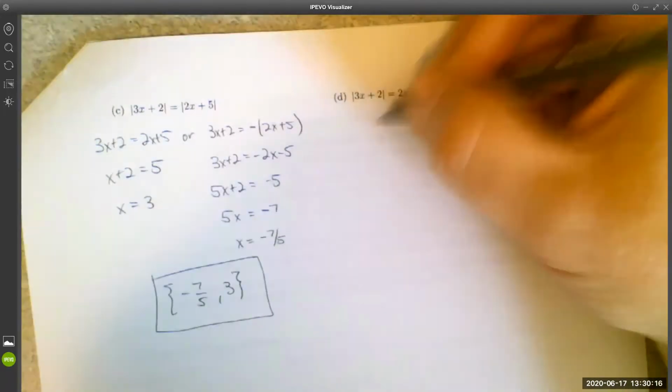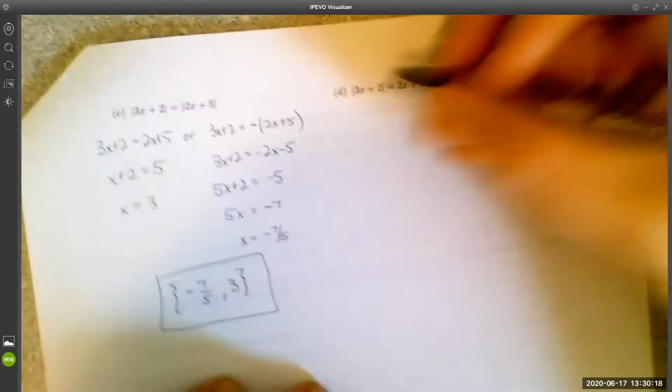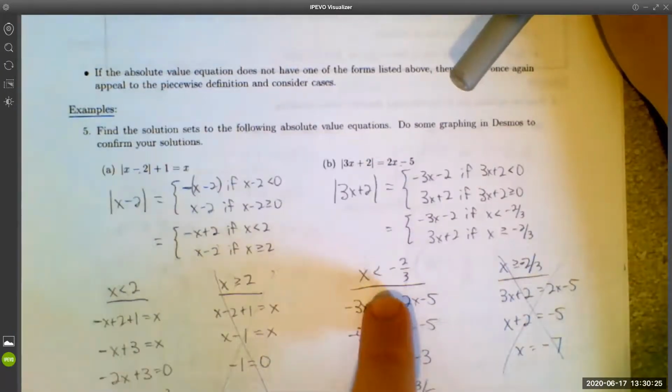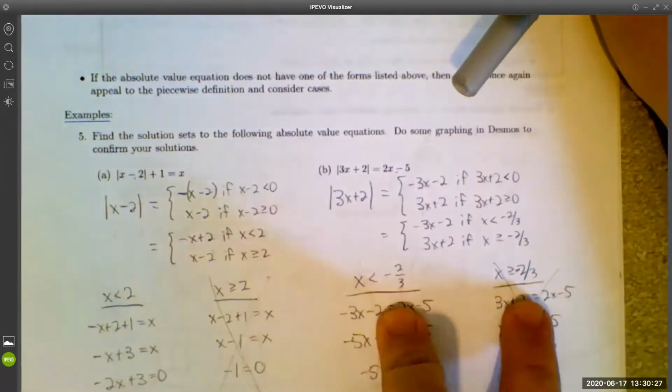So I think I've already done a lot of the groundwork for the 3x plus 2 thing. We know from our work in part B that these are the two cases we have to consider: x less than negative 2/3 and x greater than or equal to negative 2/3.